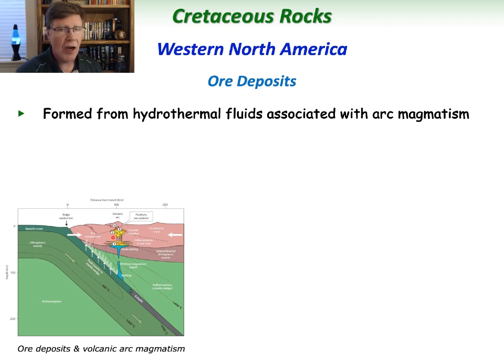These magmas would rise into the North American plate. The hydrothermal fluids associated with these magmas, as they moved through the North American plate, would take elements with them, and you would get formation of various ore deposits.